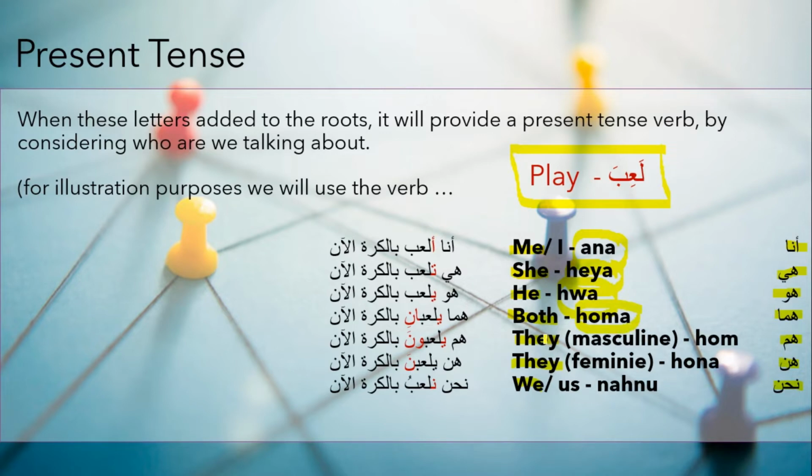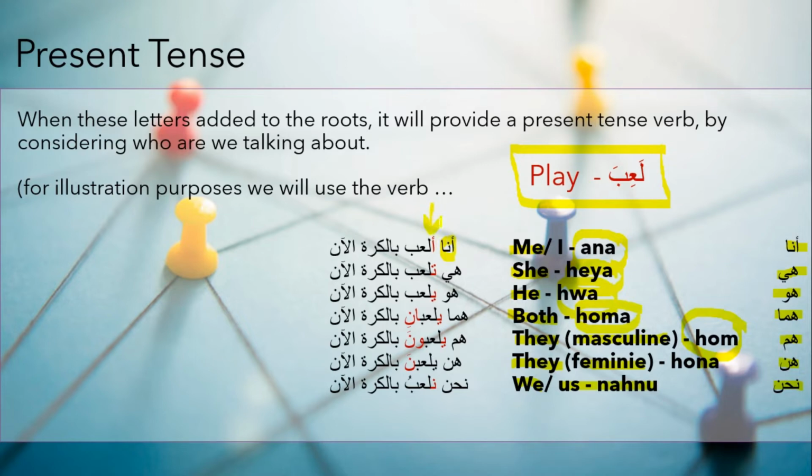So أنا, هي, هو, هما. Just notice here, هم is for masculine. هن is for feminine. So these are small things that we need to pay attention to. Like both, we will understand that in a couple of slides. Exactly, we're going to deal with it with the masculine and feminine.